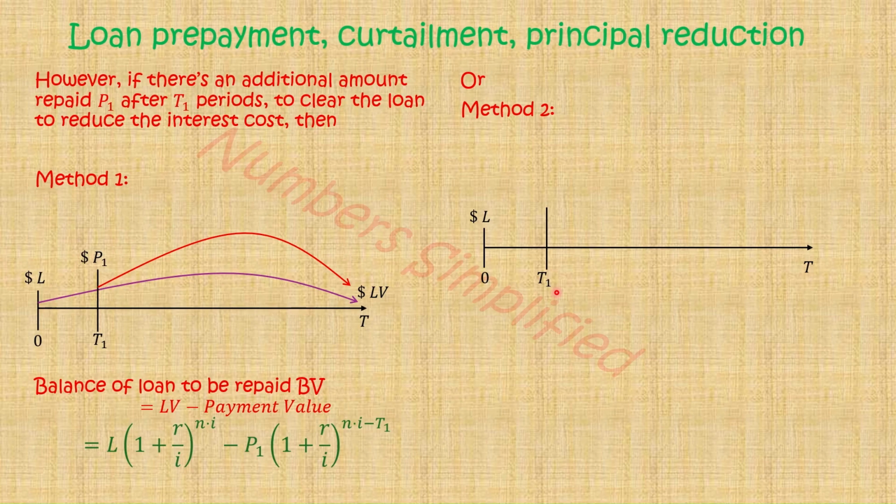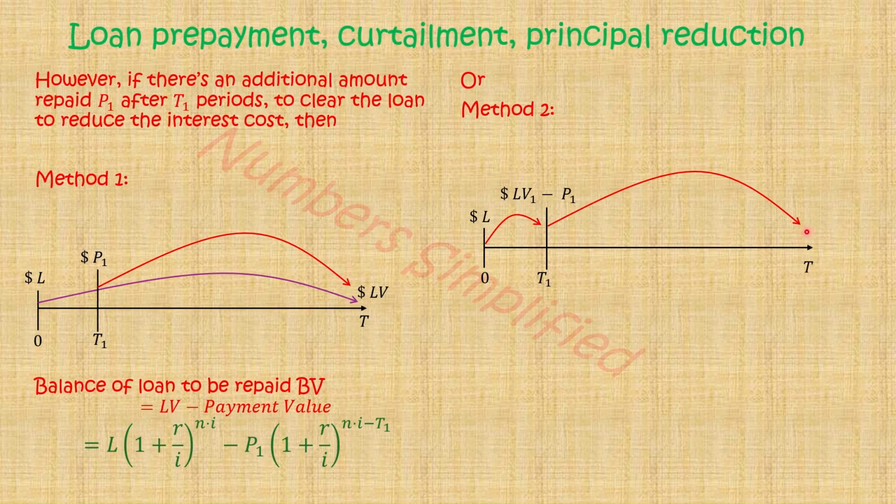So in our case, we are going to have the balance at T1. We know that the loan that was issued was worth L dollars, but up until the period T1, the loan would accumulate interest, and at T1, we make a payment. So that is going to reduce the value of the loan at T1. Then that particular value of the loan that is left would accumulate interest till the end of the period T. So that is the logic that we're using.